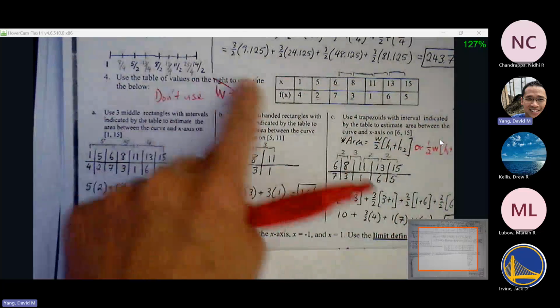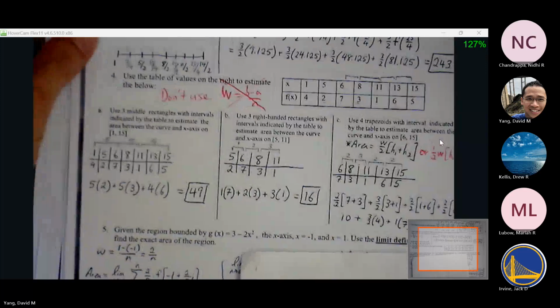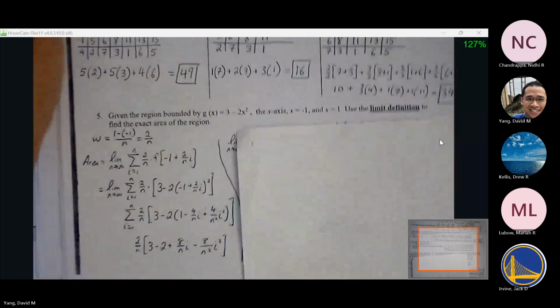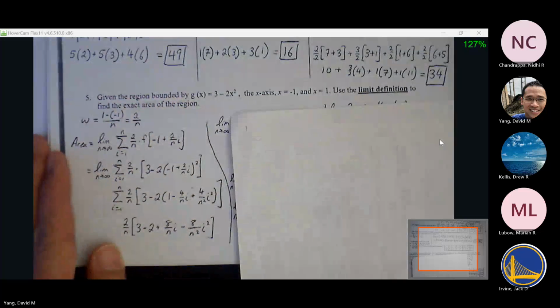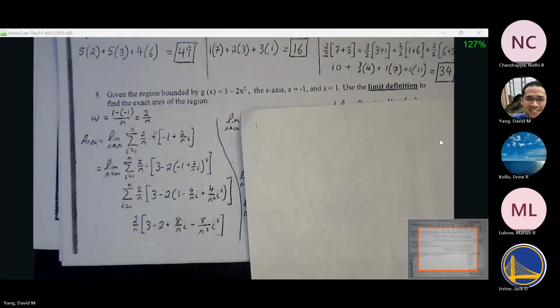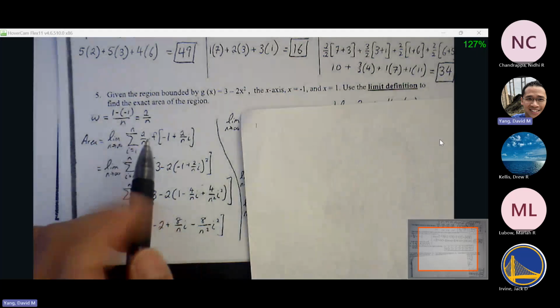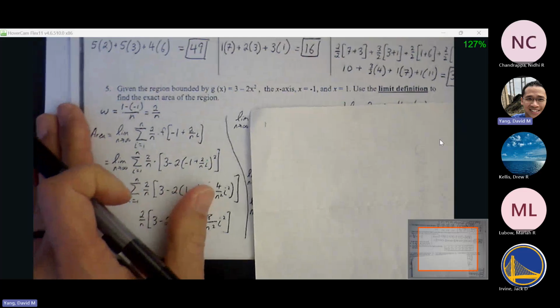You're not going to get one single width out of your number 3. So our width is 2 over n, b minus a over n. We want to hold on to our n value because we want to eventually push that n out to infinity.